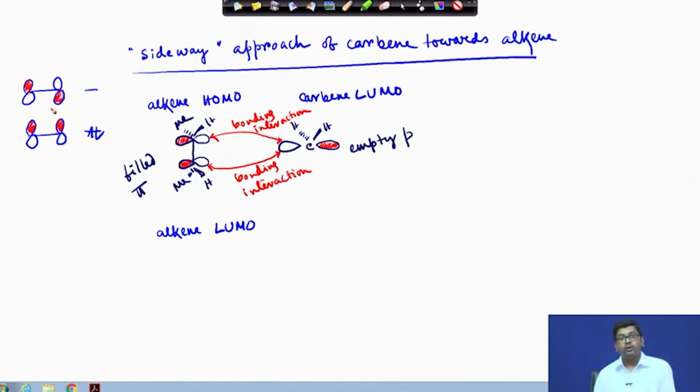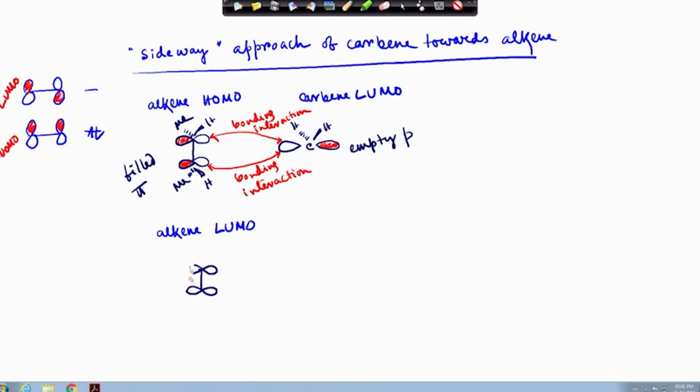Okay. So, here this will be HOMO and this will be LUMO, we have shown previously also. So, in this case this is the alkene LUMO, we will draw. Okay.